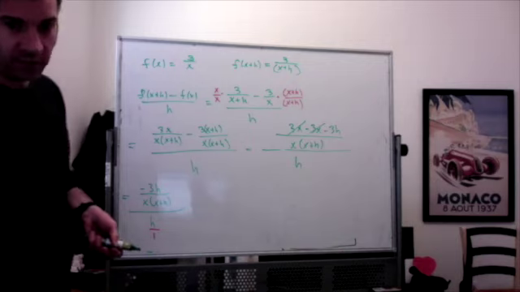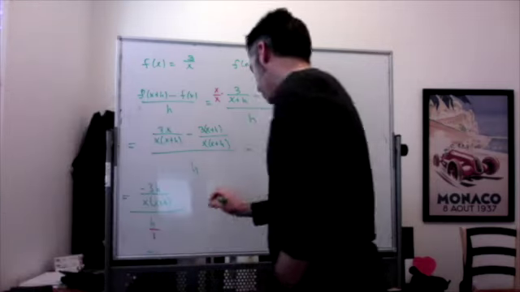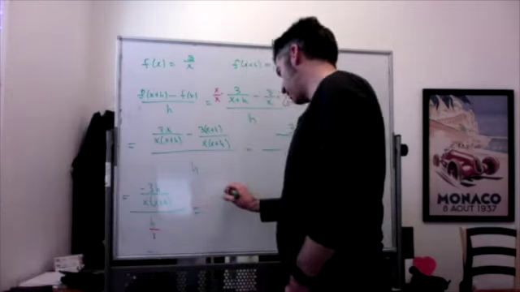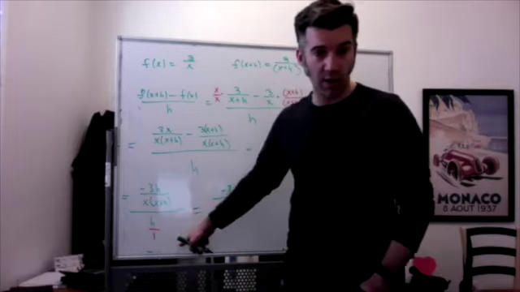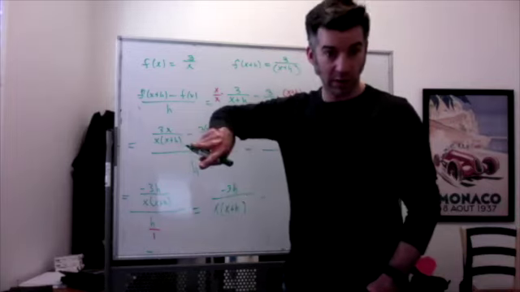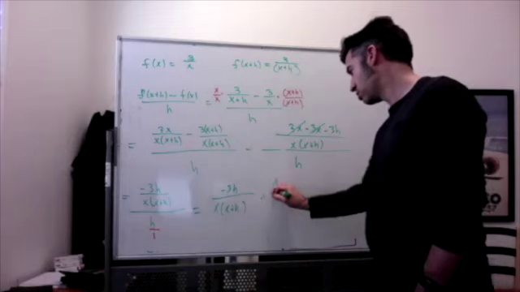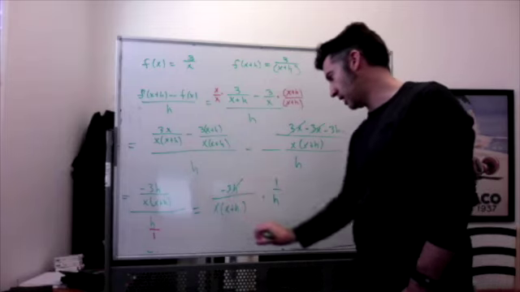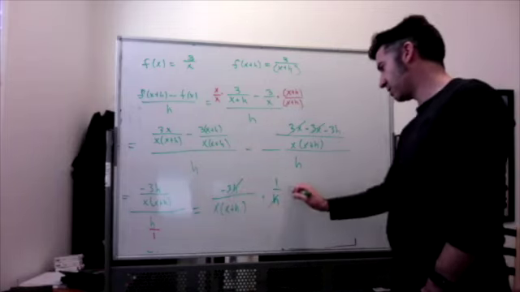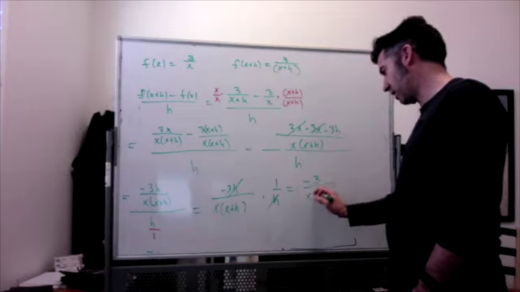So I can flip and multiply and say this is equal to negative 3h over x times x plus h, and instead of dividing by h over 1, we're going to multiply by 1 over h. The h's cancel, and we get negative 3 over x times x plus h.